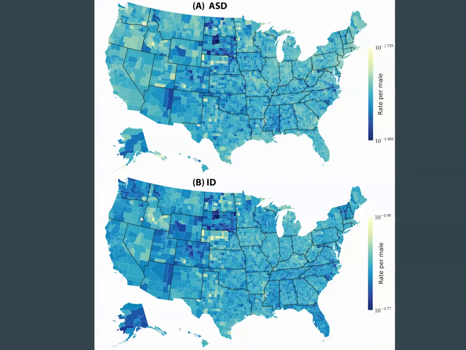We might also look at some aspects of human demography. For example, the map of autism spectrum disorder and intellectual deficit diagnoses. Again, geographers' epidemiology is one specialized area of demography.